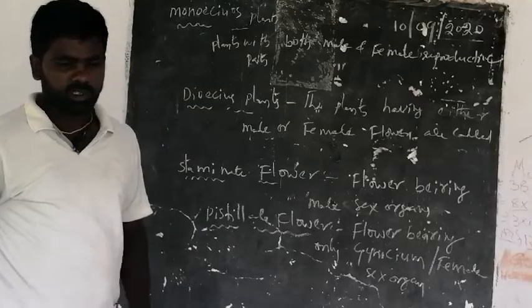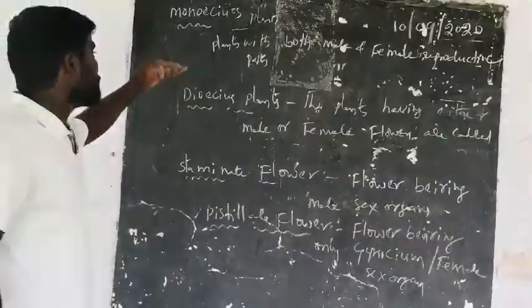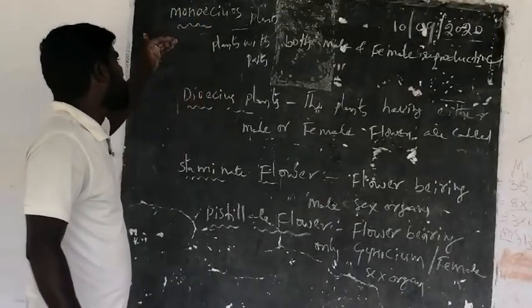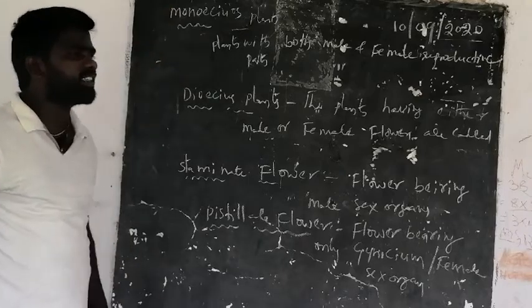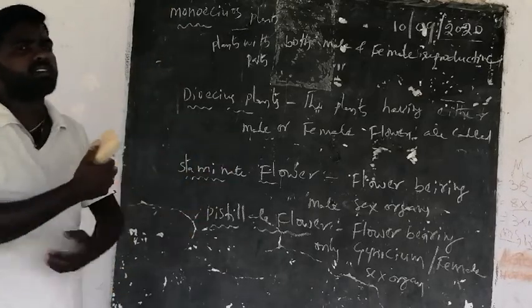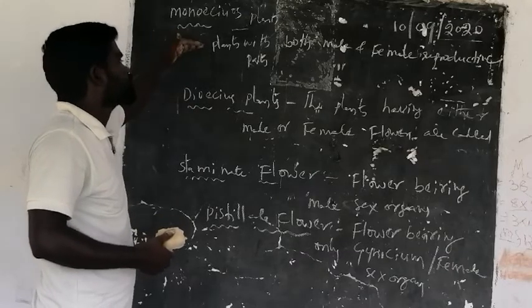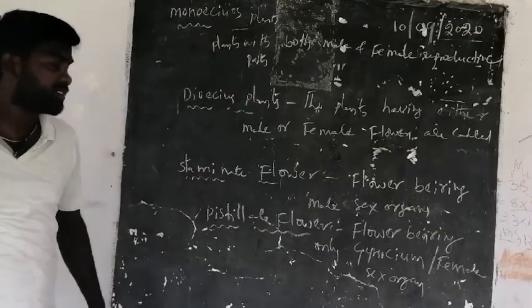And here, after seeing the parts of the flower, there are two kinds of plants based on the type of flowers they bear, monoecious and dioecious plants. Monoecious plants bear both male and female flowers.